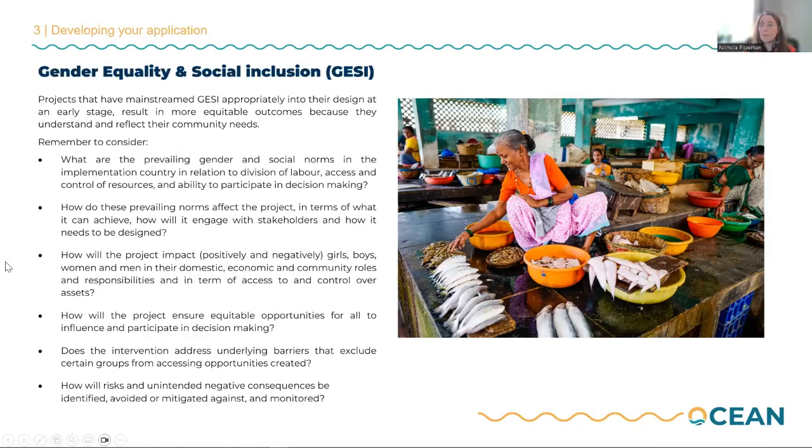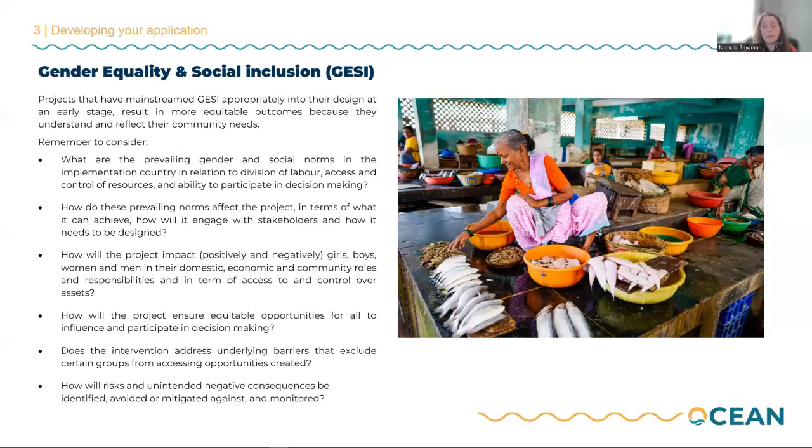First of all, remember to consider the prevailing gender and social norms in the country that you're working in. Think about division of labour and access and control of resources and people's ability to participate in decision making. How will all of this affect the project? Will it affect what you're able to achieve? And how will you engage with stakeholders, understanding that particular context?